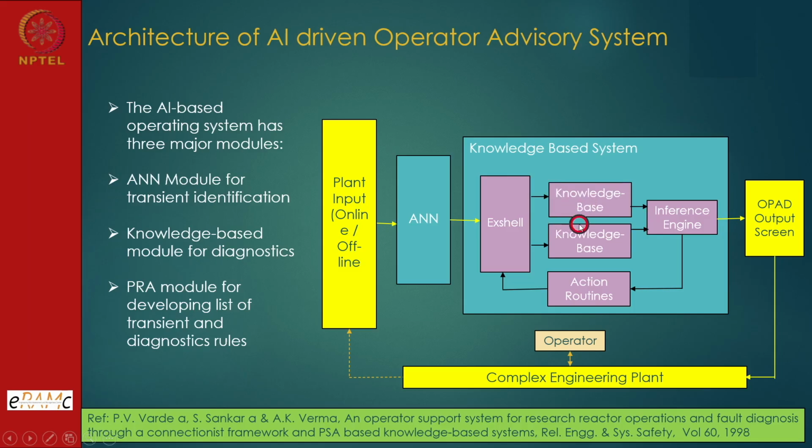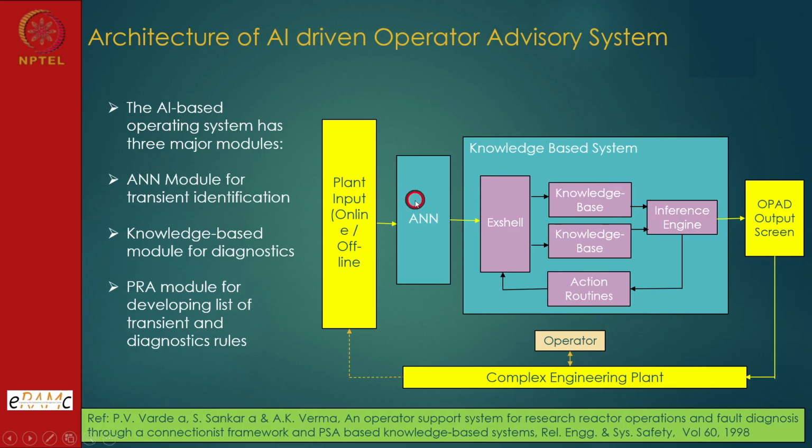And then there is a database, it is not a knowledge base, it is a database. So, please see the knowledge base and the database. These two together have an inference engine. You would have known knowledge-based systems are based on rules, production rules, if-then, and the inference engine, and then it goes in a closed loop and action is taken here.